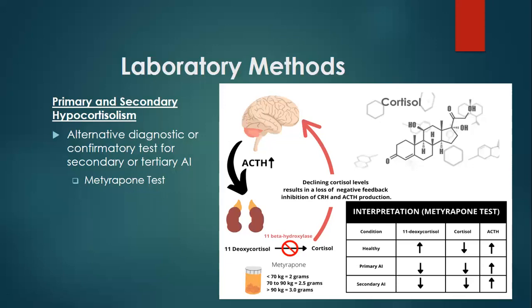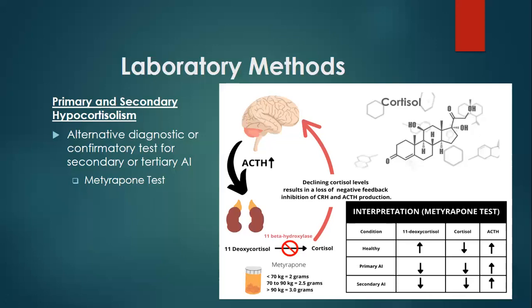Your cells may trigger production of that hormone. The analytes to be evaluated in your metyrapone test are ACTH, serum cortisol, and 11-deoxycortisol. So how do we do it?